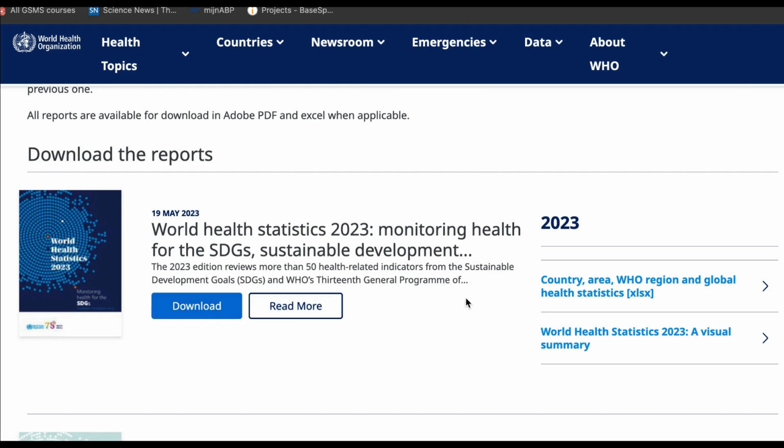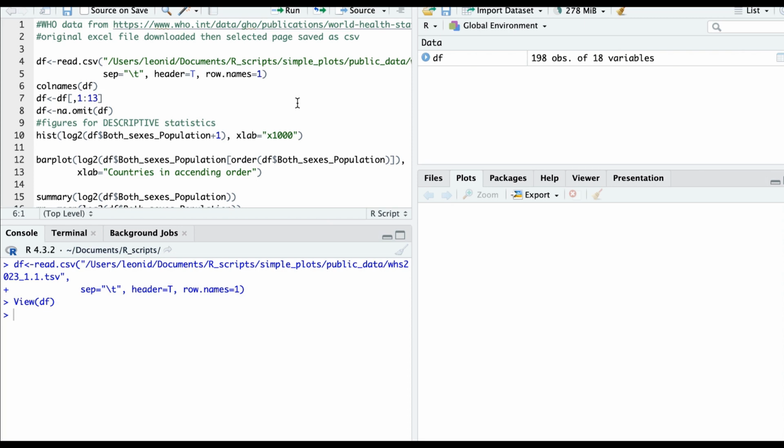It's a multi-paged Excel file, and I use only one page with the data on male-female numbers. Not every country delivers the data, and therefore I omit those lines where this information is not available.